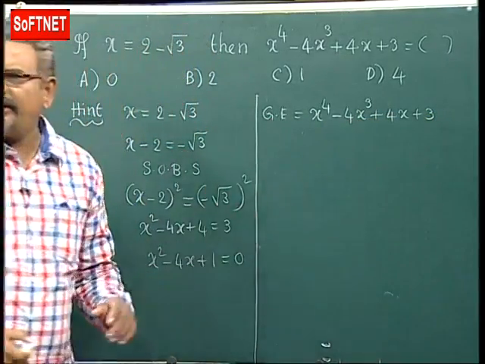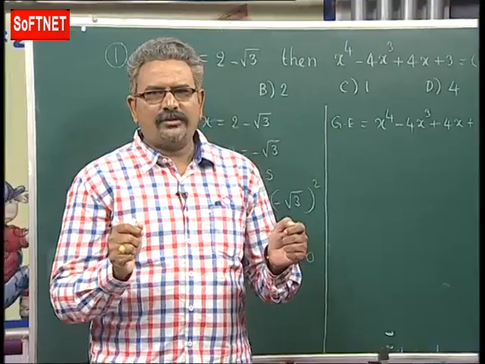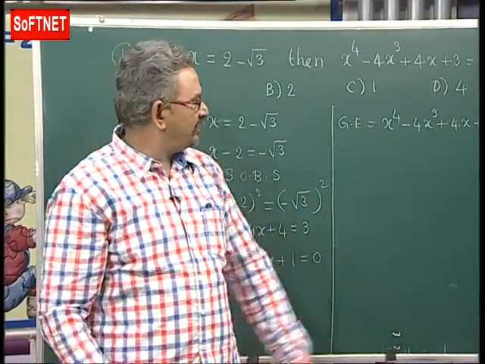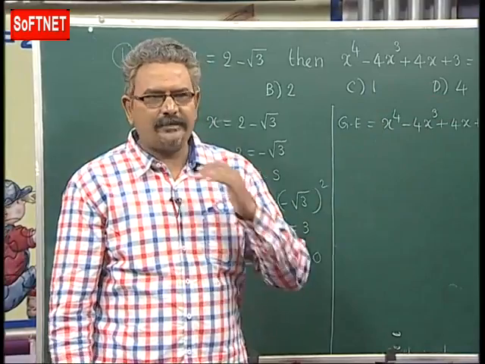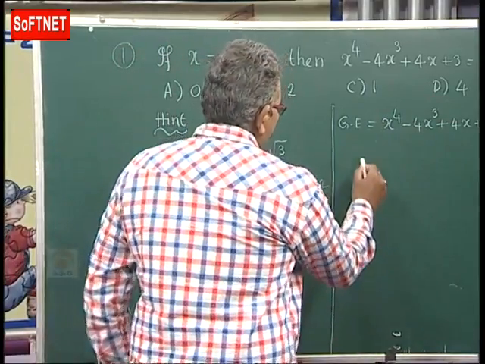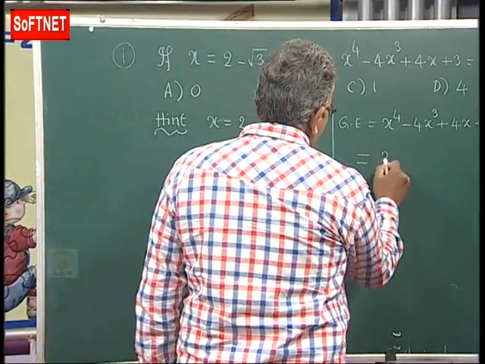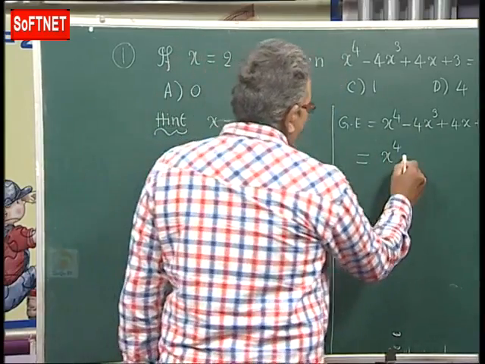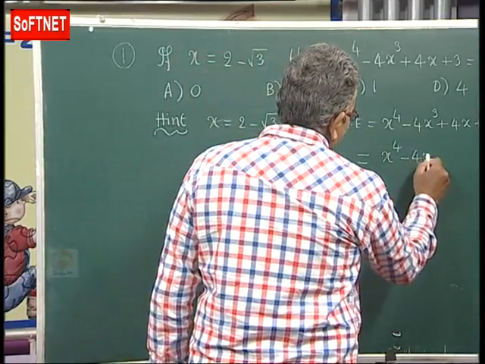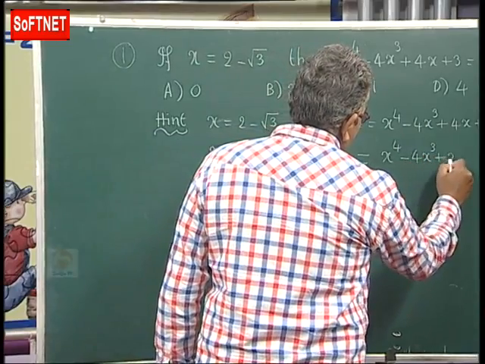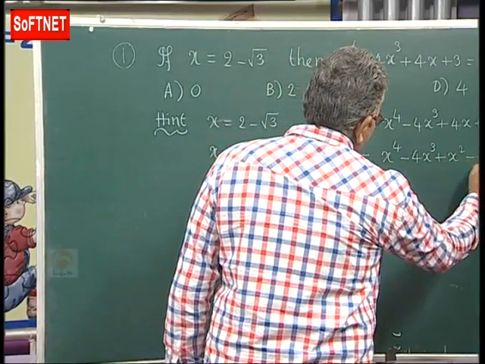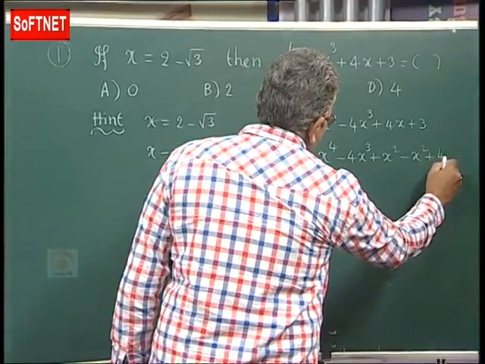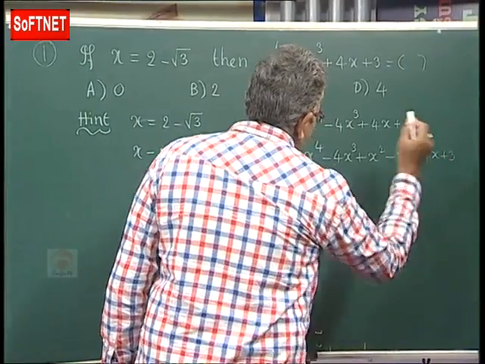Just rearrange the terms of the given expression. So this can be rearranged like this: x to the power of 4 minus 4x cube plus x square, add on, and minus x square plus 4x plus 3.